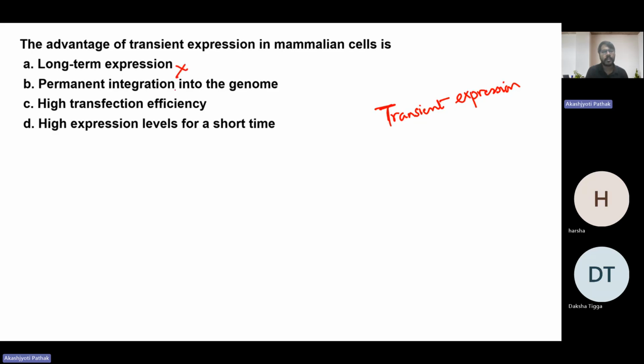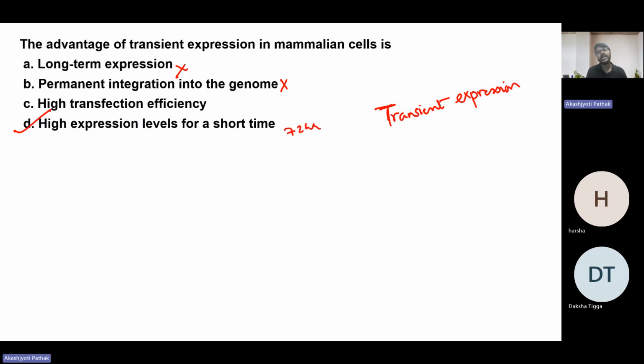So this is wrong: permanent integration into the genome, no. There is permanent integration into the genome in the case of permanent expression. For transient expression, there is high transfection efficiency and a high expression level for a short time. For 72 hours, there will be high expression.